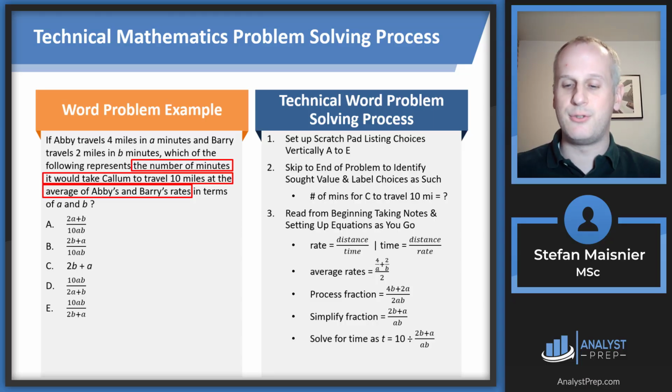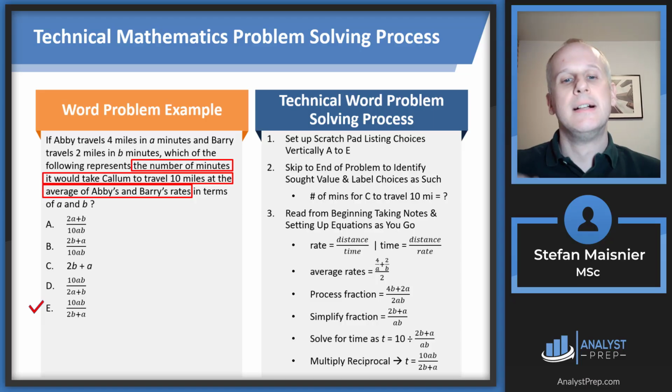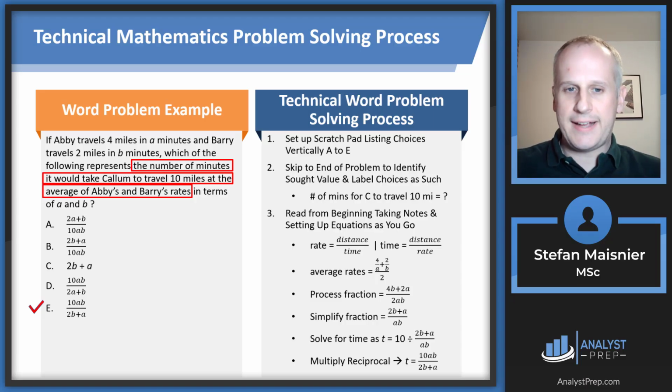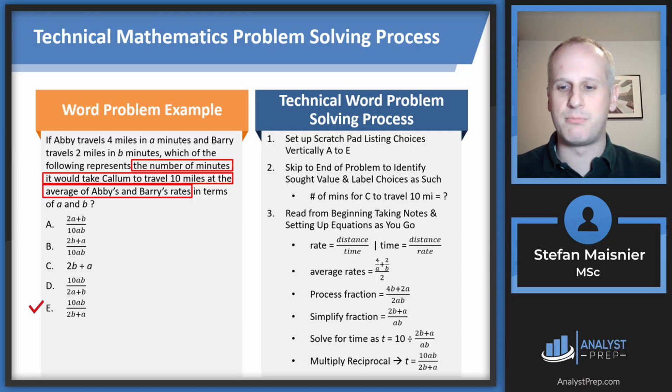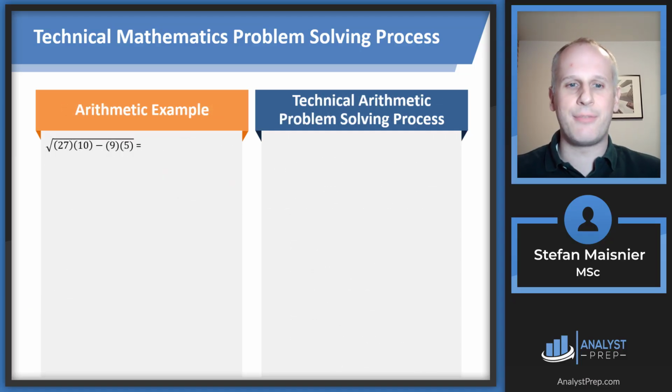So then we just have to take the reciprocal and multiply it to discover that 10ab over 2b plus a is going to be equal to t, and that is choice E. Again, there are alternative tactics that we can potentially use on a question like this, but they're not going to be as direct and probably as efficient as what you just saw with the algebraic manipulations if it's simple and apparent to you. So let's next take a look at an arithmetic example from technical mathematics.